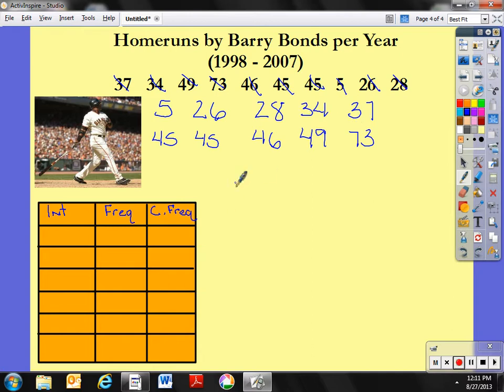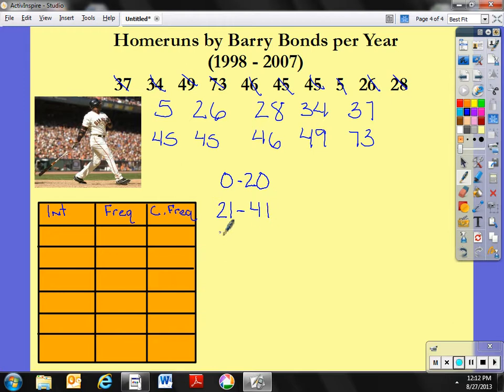I might start at 5, or I could start at 0 and go 0 to 20. What I want to do next is not go 20 to 40, because then where would a 20 go? Would it be between 0 and 20 or 20 and 40? So I'm going to go to the next number right after 20, which is 21. Now I add 20 to it, which goes to 21 to 41.